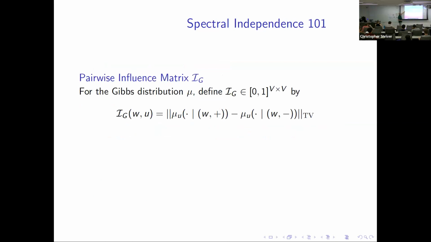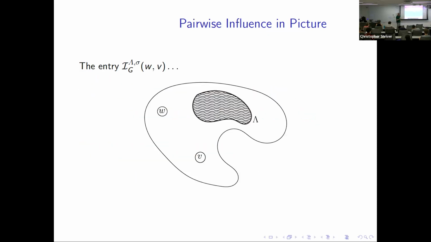Spectral independence. The main object there is what we call the pairwise influence matrix. We have a Gibbs distribution mu, and we define this matrix I sub G, which is indexed by the vertices of the graph. The entry (W, V) is this quantity here. Let me tell you what happens.